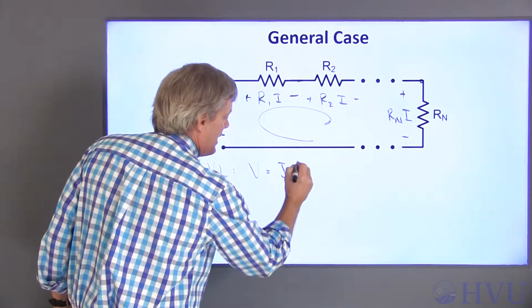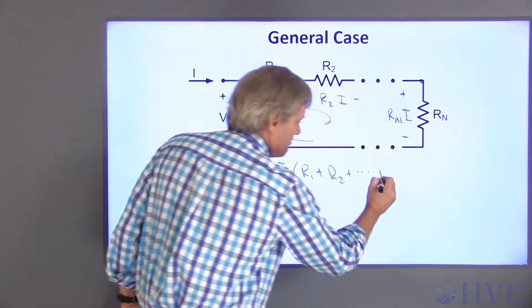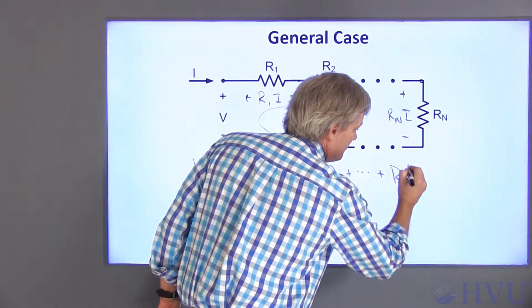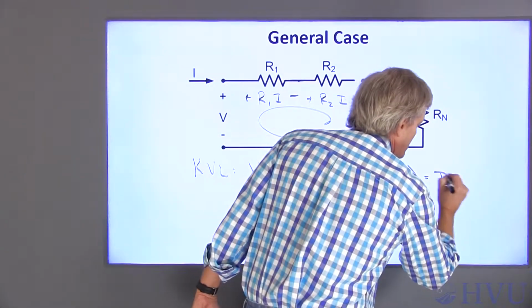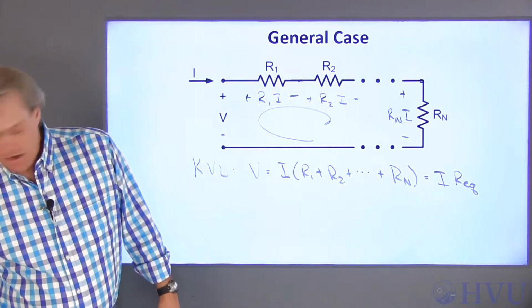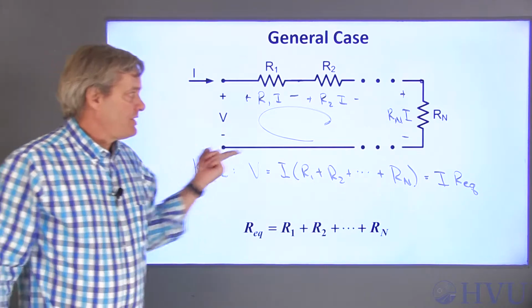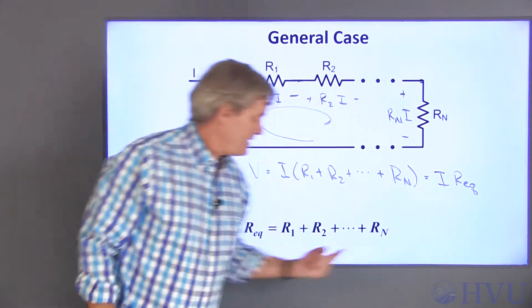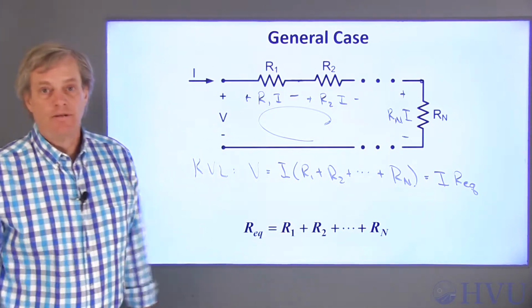So KVL says minus VS plus this voltage, R1 times I, plus this voltage, R2 times I, plus R3 times I, plus R4 times I is equal to 0. That gives me one equation and only one unknown. I can solve that for I. Once I have I, I can find out anything else about this circuit that I need to know.